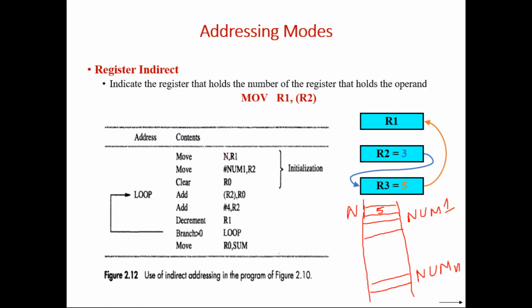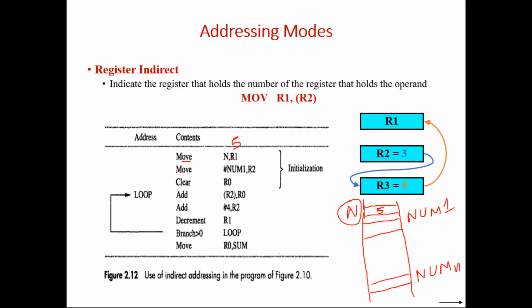Then what does this statement do, move n comma R1? It will move the value at location n to the register R1, so R1 will now have 5.